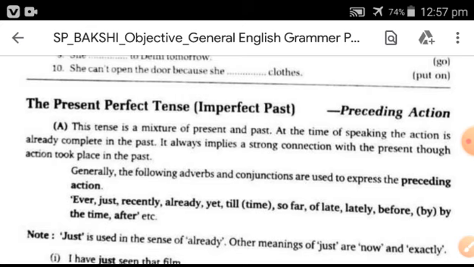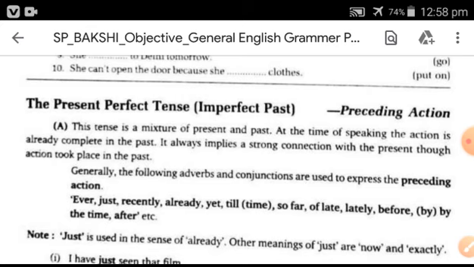Let us check it with an example. Unfortunately your finger gets cut, and when someone asks you what happened, your answer must be, I have cut my finger. Why do you say this?